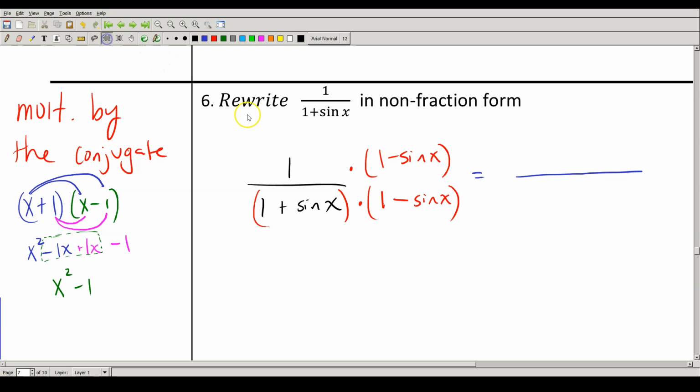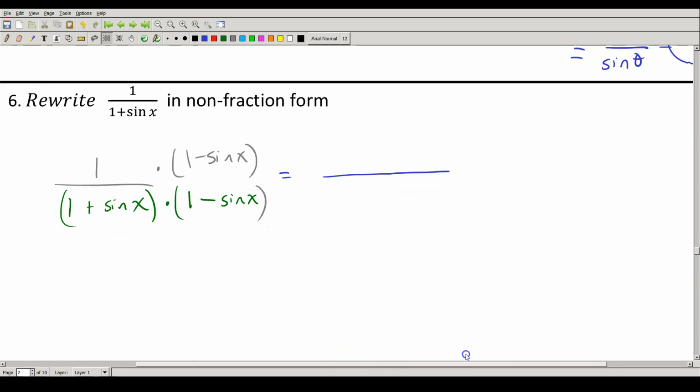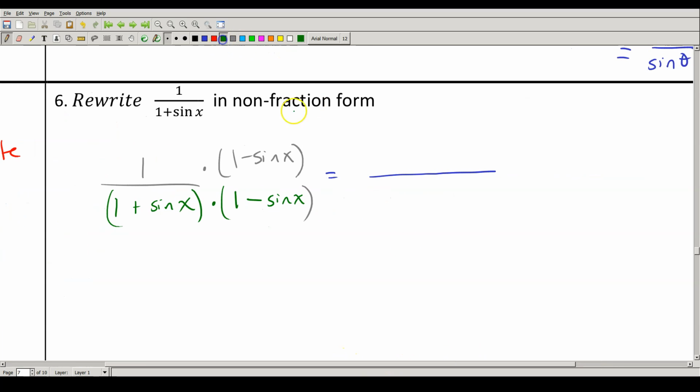If I first multiply the bottoms, let's just focus on the bottoms there. Let's put that in green. 1 plus sine times 1 minus sine. If we multiply that out like we did on that little example, we would have 1 minus sine, and then we'd have plus sine x, then minus sine squared x.